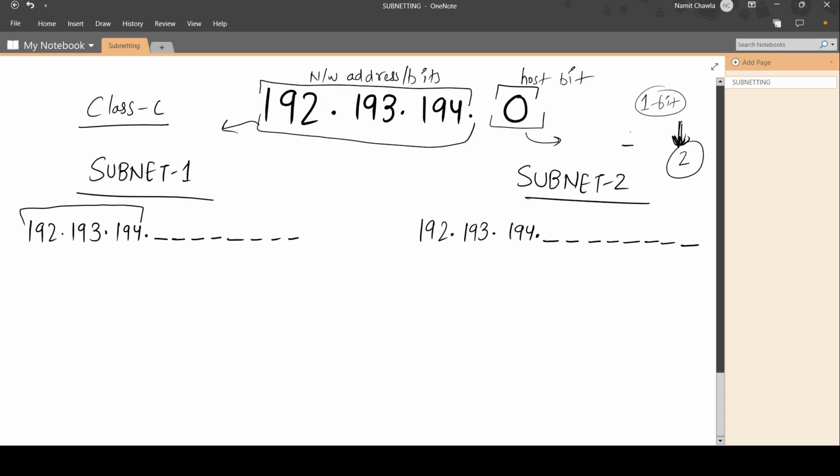You can have 0 or you can have 1, right? Are you having 2 different possibilities? Correct. So you only need 1 bit to create 2 subnets, or to have 2 values. So at first I'll give 0, and on the right hand side I'll give 1. Alright, let me change the color.